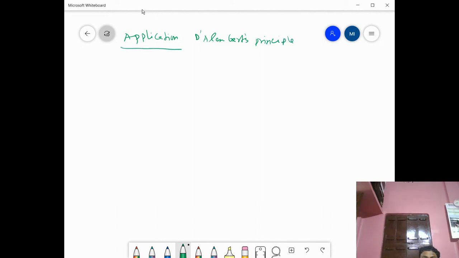I'll give you three problems. The first one I'll work out, so that most of the part I will work out. First is the simple pendulum.